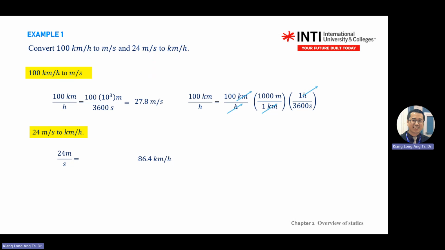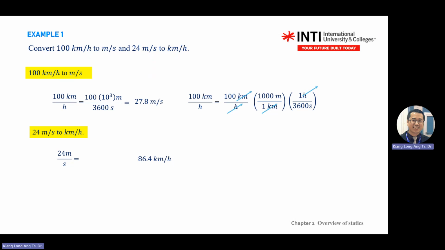So the second one is the same. If you want to convert 24 meter per second into kilometer per hour, how do you convert? How do you convert meter into kilometer? 1 meter equal to how many? Okay, 1 kilometer equal to 1,000 meter, right?